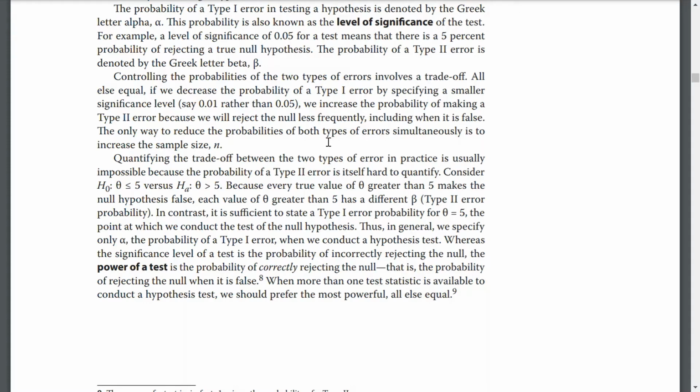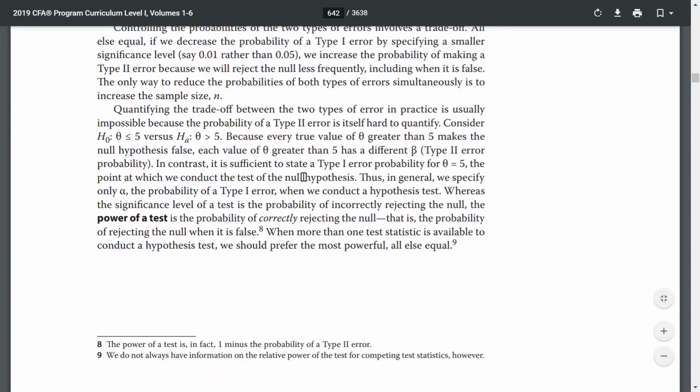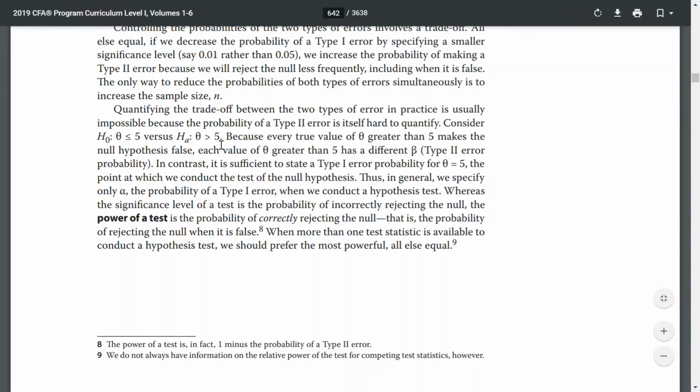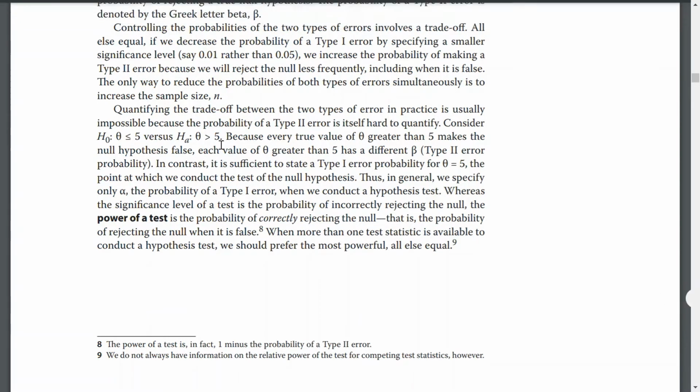The only way to reduce the probabilities of both types of errors simultaneously is to increase the sample size n. Quantifying the trade-off between the two types of errors in practice is usually impossible because the probability of a type 2 error is itself hard to quantify.